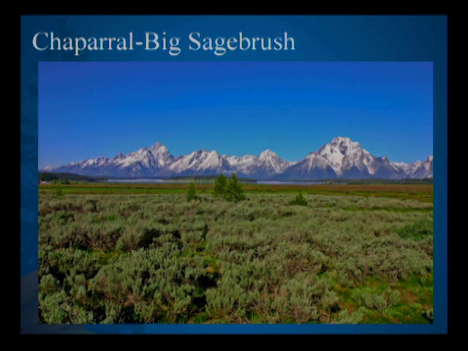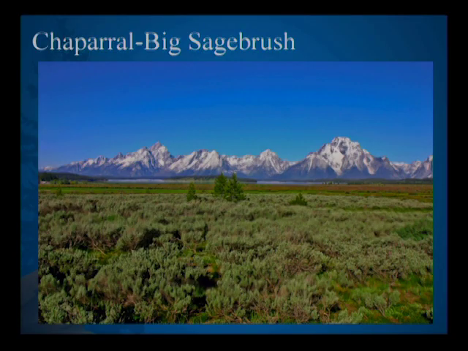Another major category of ecosystem would be chaparral ecosystem. Chaparral ecosystems tend to be a little bit drier. They have relatively poor soils, relatively low diversity. And in the Yellowstone ecosystem, as really is true throughout most of the western states, the primary chaparral ecosystem is the big sagebrush ecosystem. And so the sagebrush has a distinctive odor.